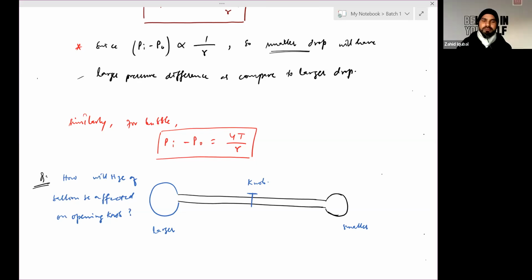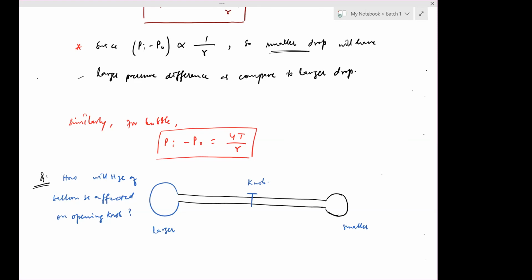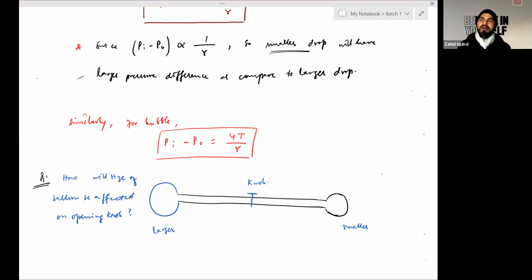So which of these two balloons will have the large pressure difference, the smaller one or the larger one? The smaller one. Good. And as we know, matter will move from higher pressure to lower pressure. And since here the smaller balloon has higher pressure as compared to the larger balloon, air will flow from smaller to larger. Is it clear?